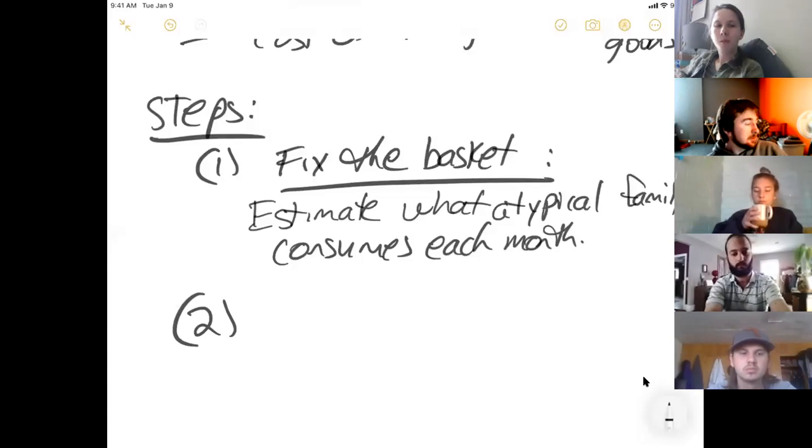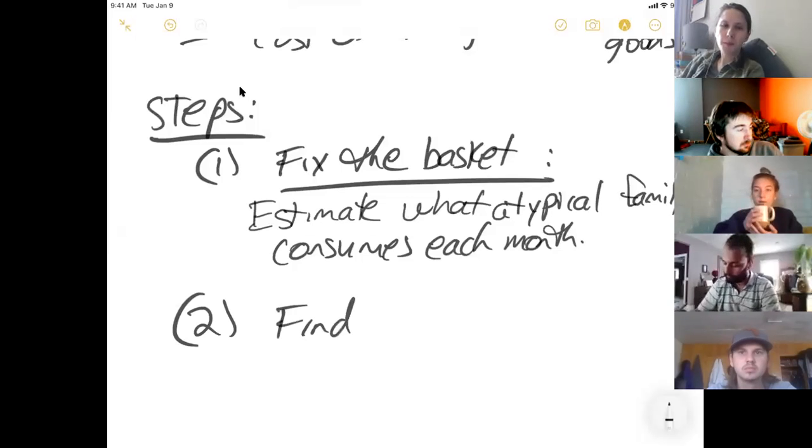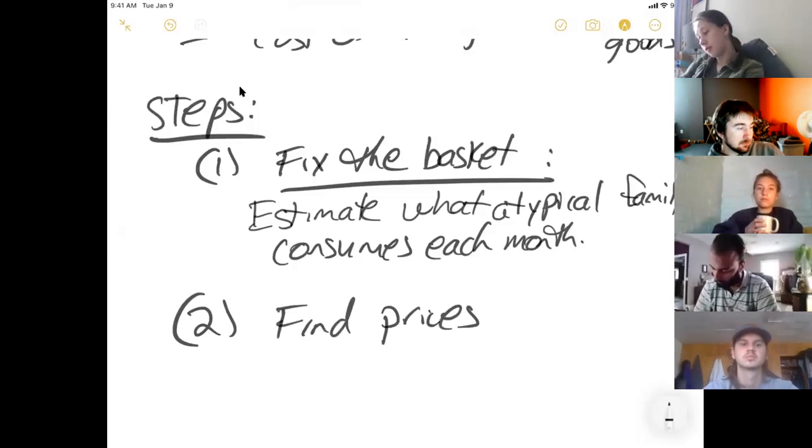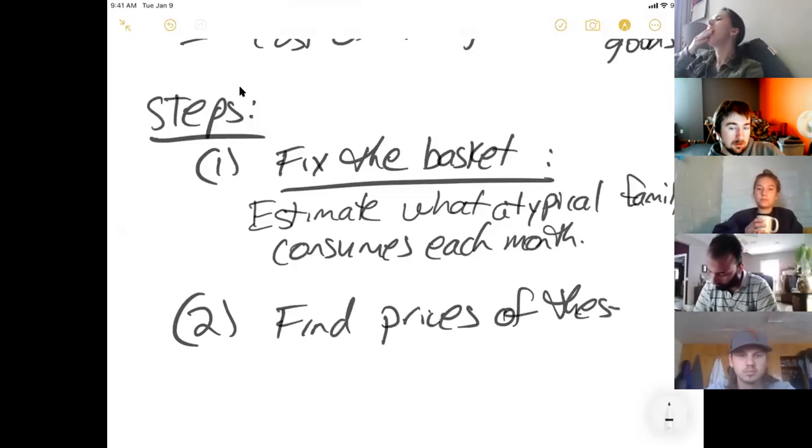Okay, so that's the basket, right? Once you get the basket, the next step is you want to find the prices of all these goods, right?